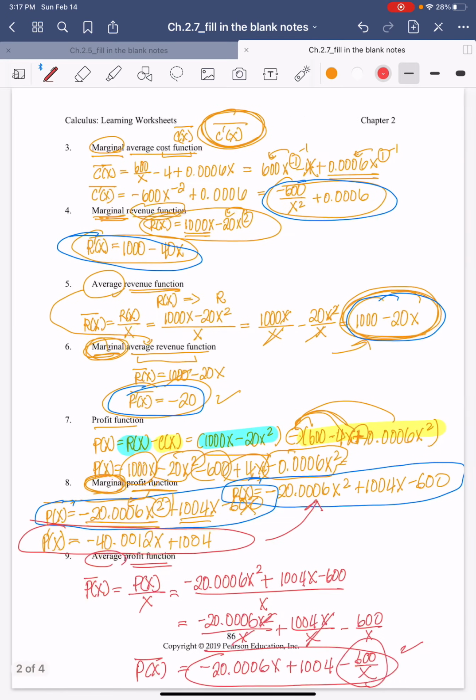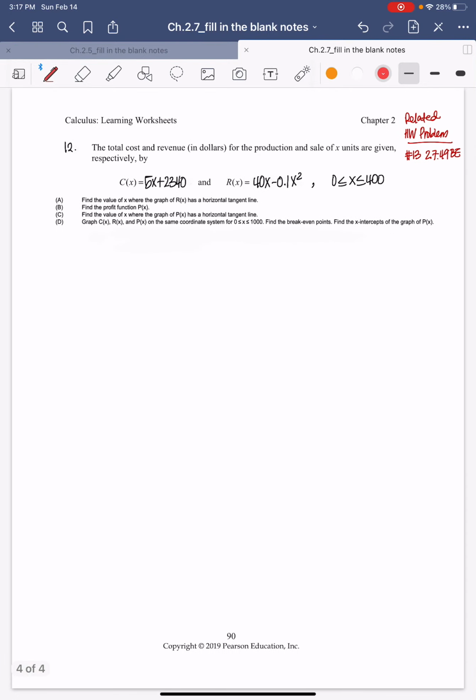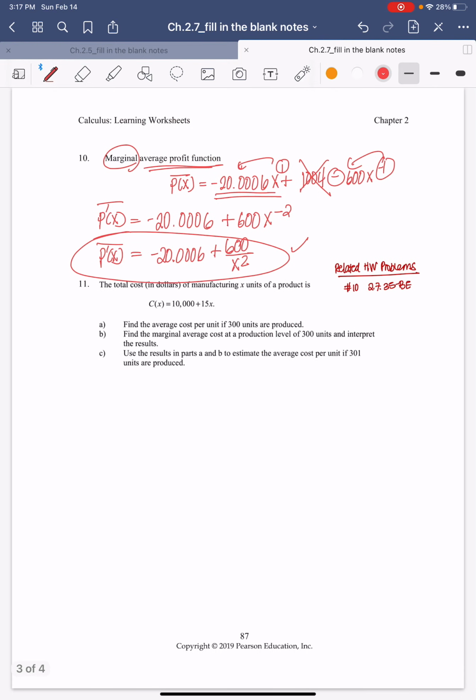Now for the last half, I'd like to go over two application problems. So we practiced terms and knowing how to find the function for each term. Now we are going to use the terms and apply them to an application problem. So let's take a look at number 11.